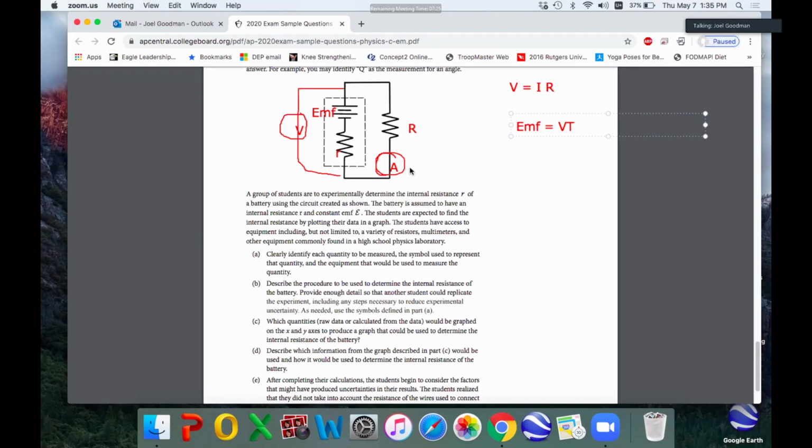If you take this formula that we all know and love, voltage equals IR. I feel like I'm not doing a great job on this, and I'm really sorry. If I use the little internal resistance in here, and the circuit is broken, the current is 0.